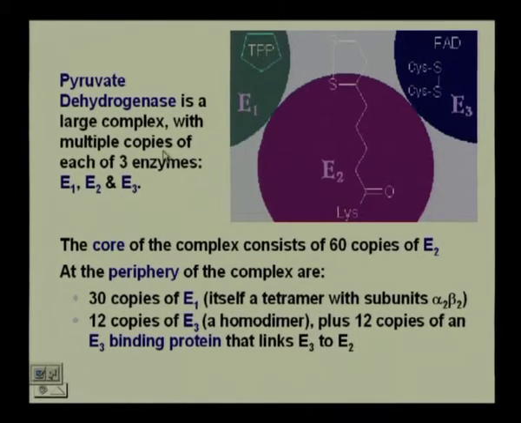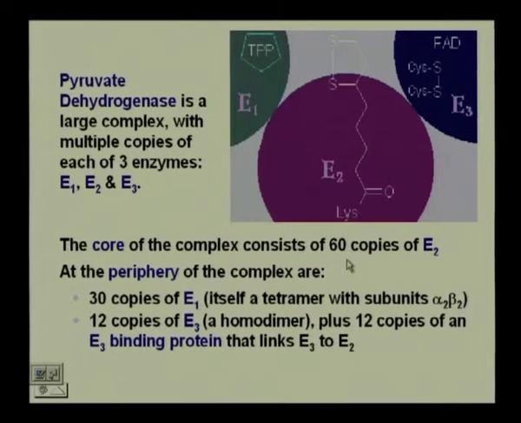Now, this has 3 enzymes, E1, E2 and E3. We won't go into the details of the mechanism or how the procedure actually takes place, but nevertheless we need to know something about the complex. It has, as I have been mentioning, E1, E2 and E3.